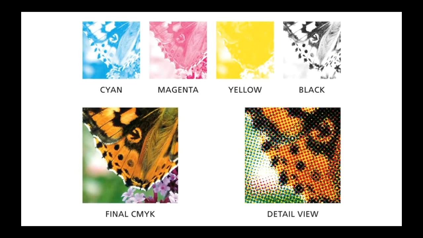When you're printing something, and you can even see this in an old school newspaper, the color images, if you zoom in real close, you'll be able to see the layers of dots on top of each other. What's happening in the printed page is subtractive color. It's doing the opposite of the additive.